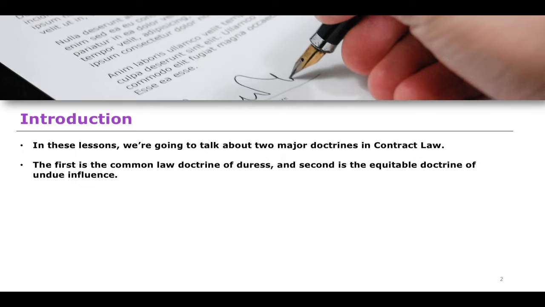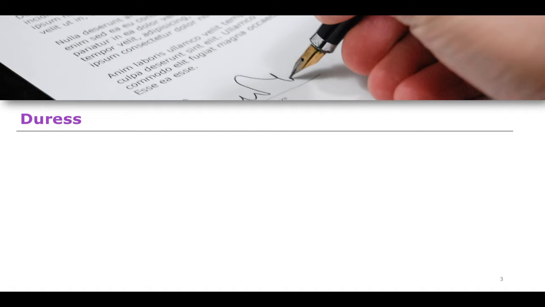The second is the equitable doctrine of undue influence. So these are tangentially related to each other in some way, one obviously being a little bit more extreme than the other, this being, of course, duress. But these are both ways in which we can bring a contract to an end. So let's begin with this lesson then, and let's begin with the concept of duress.